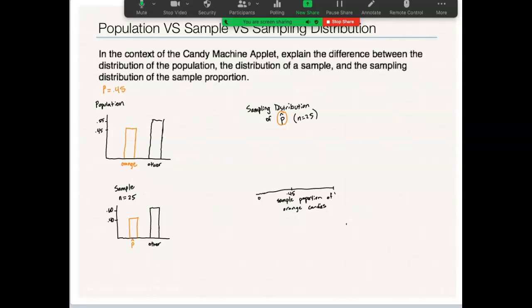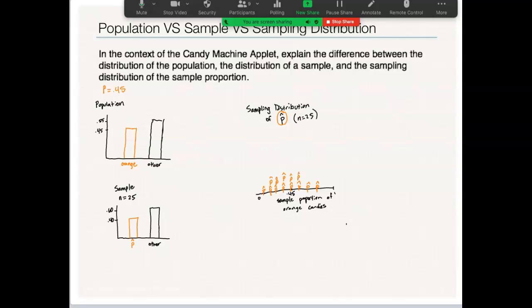And so what I sometimes like to do is, instead of using dots, I'll just draw p hats to remind you that each one of the dots actually represents a sample proportion. And we would expect this to be roughly normal.